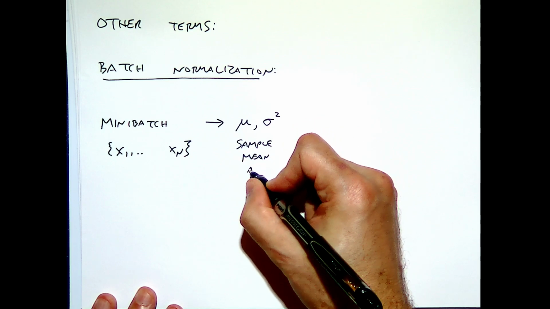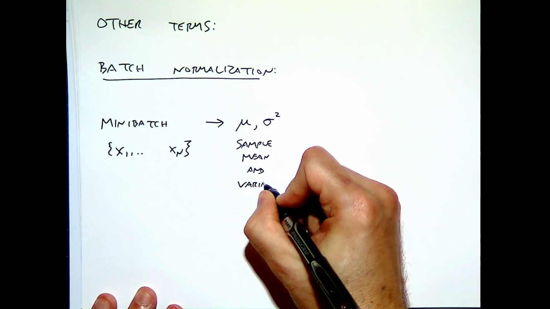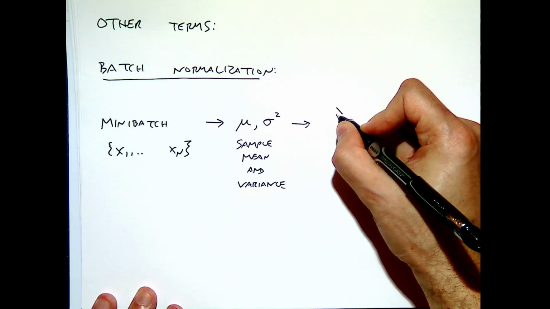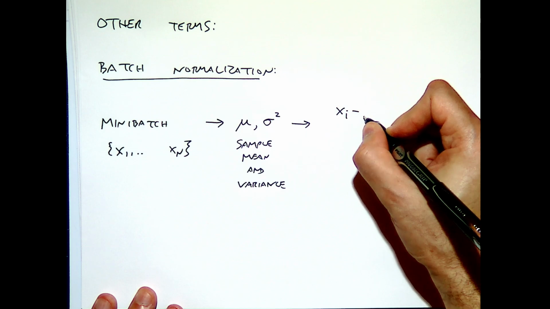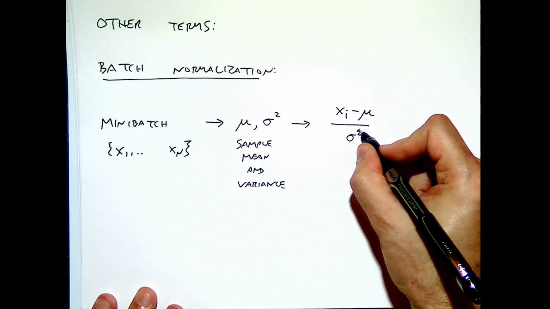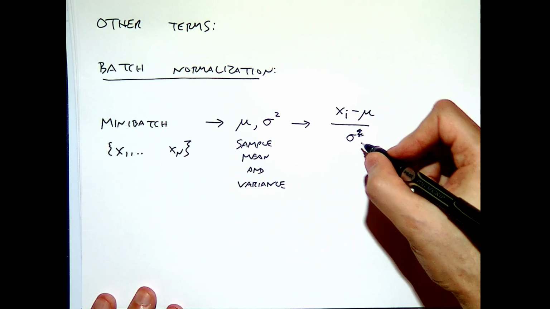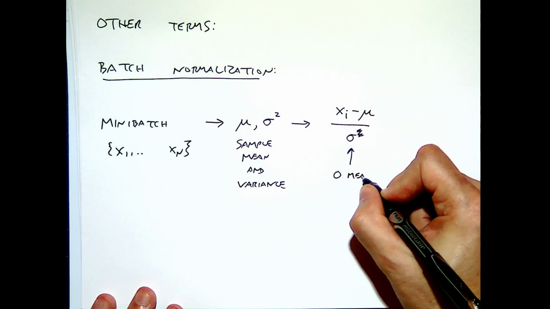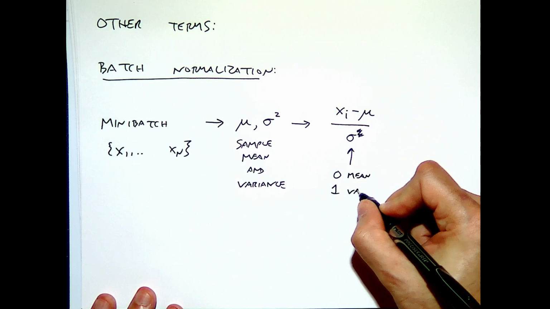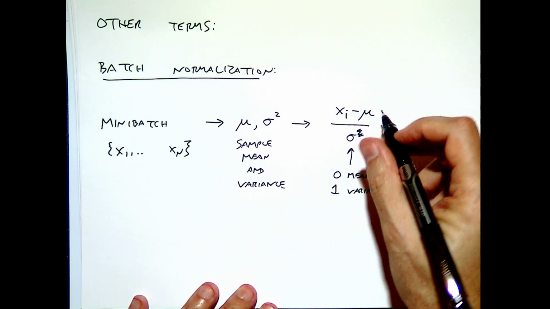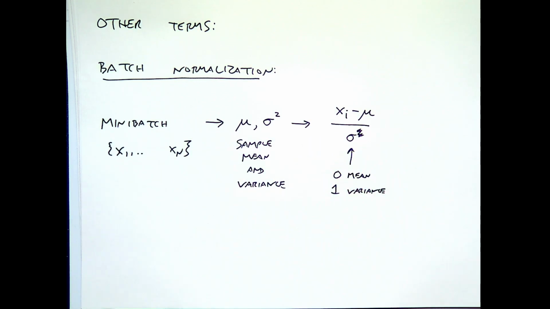And I'm doing this in 1D just for ease of explanation. Then what I could do is take each of these xi's, subtract off the mean, and divide by sigma, right? This should basically be zero mean, unit variance. By itself, this is what you'd call some sort of normalization, right?